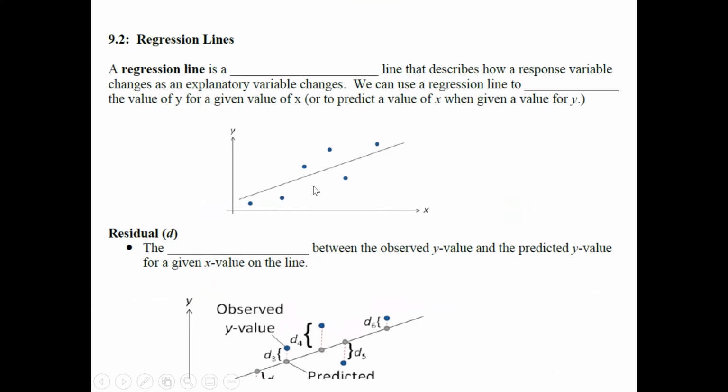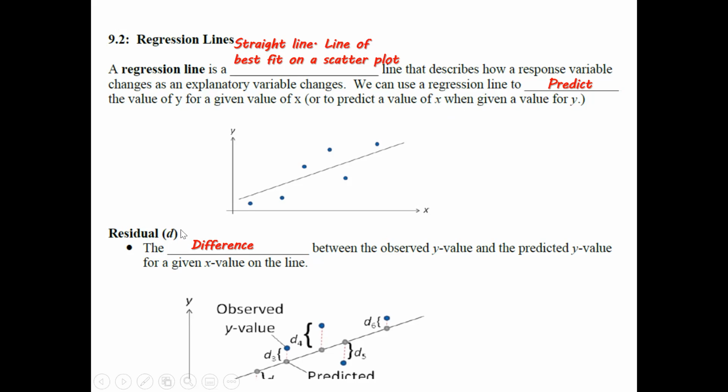All right, let's take a look at this. A few things I want to go over. A regression line is a straight line of best fit on a scatter plot. It describes how the response variable changes as the explanatory variable changes. You use a regression line to predict the value of y when you have the value x, or for example, to predict the value of x when given a value y.